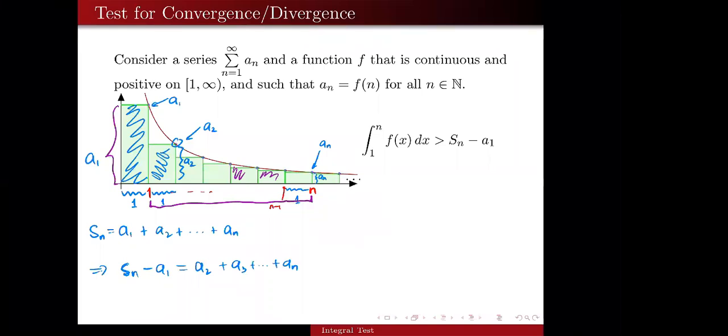Meaning, we are only considering this area here, these rectangles here. This rectangle here, this rectangle here, etc. But then again, you are calculating the area under the curve of y equals f of x from 1 up to n, which means this guy here still includes these white spaces in here. So this definite integral here is greater than S sub n minus A1.